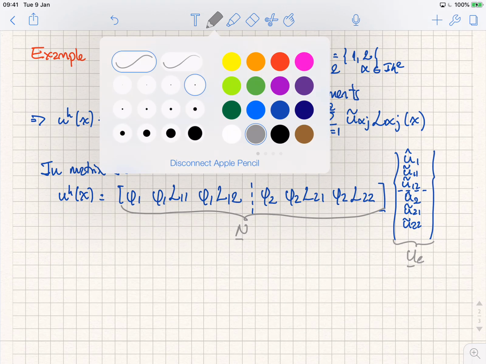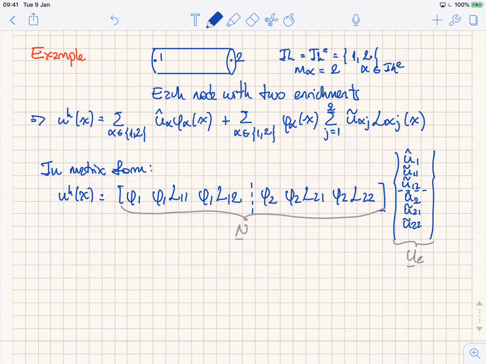Suddenly we have a system that we call N UE, which is exactly the same system that we had before for standard FEM, and for PFEM. So in this regard, GFEM is no longer different than what we have seen already in advanced FEM. That means that it's just a matter of bookkeeping.